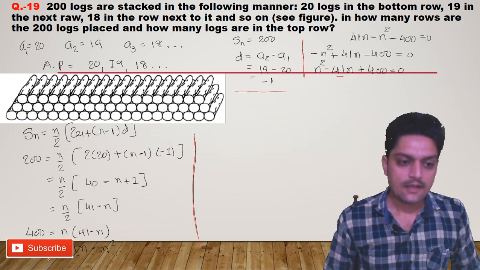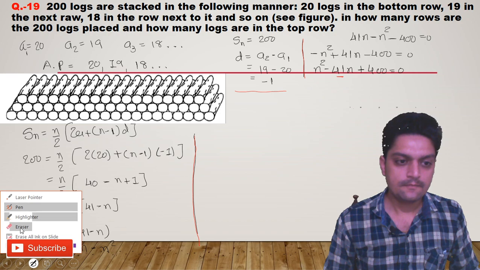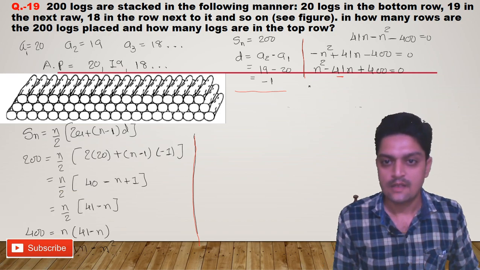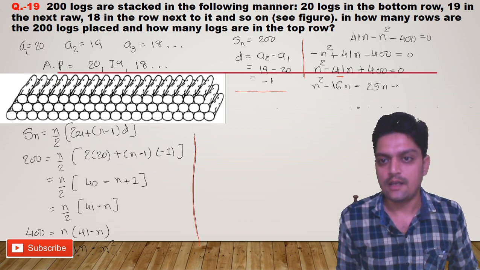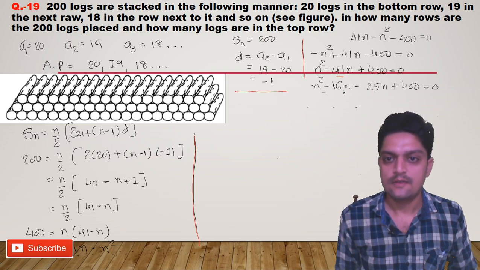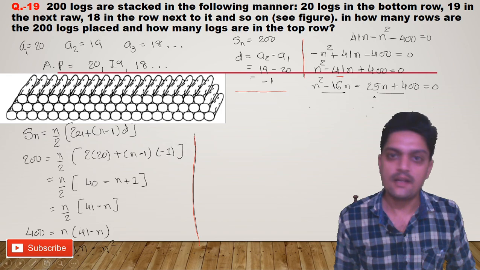My next step will be n square minus 16n minus 25n plus 400 is equal to 0. So this is a pair and this is a pair.